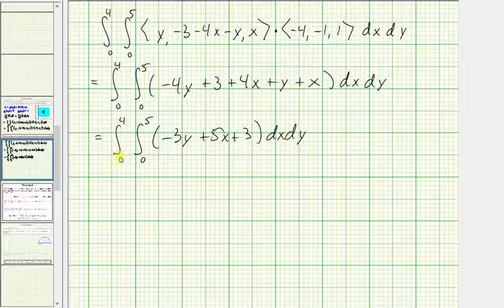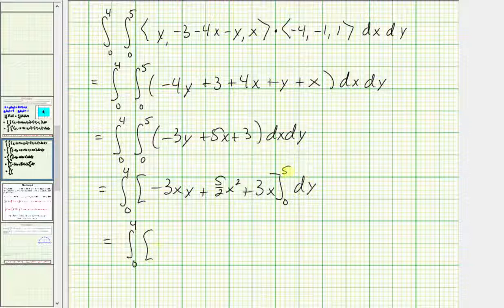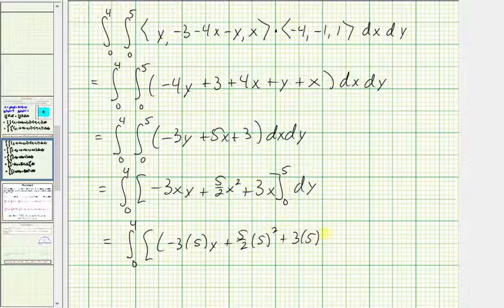And now we integrate with respect to x. So we'll have negative 3y times x, or negative 3xy, plus 5 times x squared divided by 2, or plus 5 halves x squared, plus 3x. For F(b) minus F(a), when x is 5, we have negative 3 times 5 times y plus 5 halves times 5 squared plus 3 times 5.